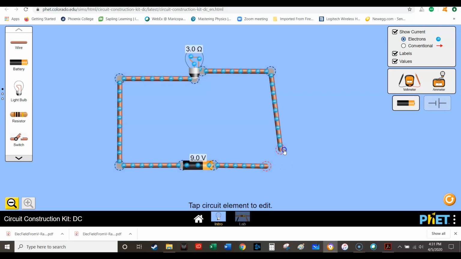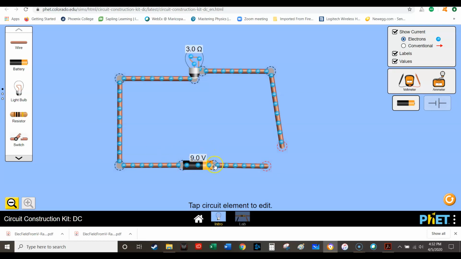Okay, and notice that the electrons aren't moving from positive to negative. Electrons will always move upstream. They will move away from the negative terminal and move towards the positive terminal, because the negative terminal is negative voltage, and electrons repel electrons.